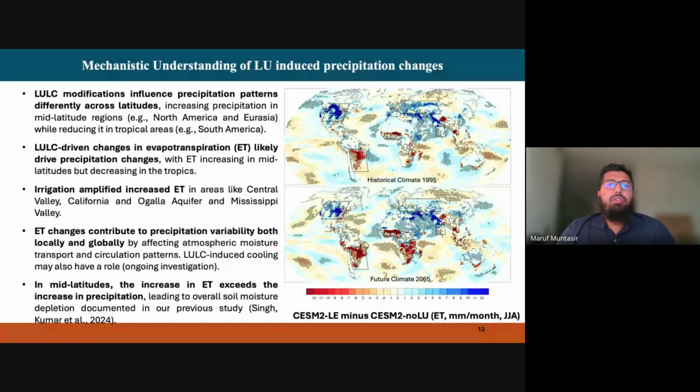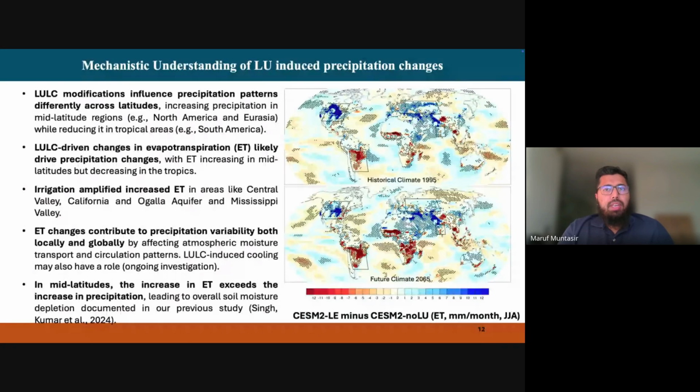So we tried to understand the reasons for LU-induced precipitation changes. LULC modifications influence precipitation patterns differently across latitude, increasing the precipitation in mid-latitudes and decreasing it in the tropical areas. LULC changes affect precipitation by altering ET, which increases in mid-latitudes but decreases in the tropics.